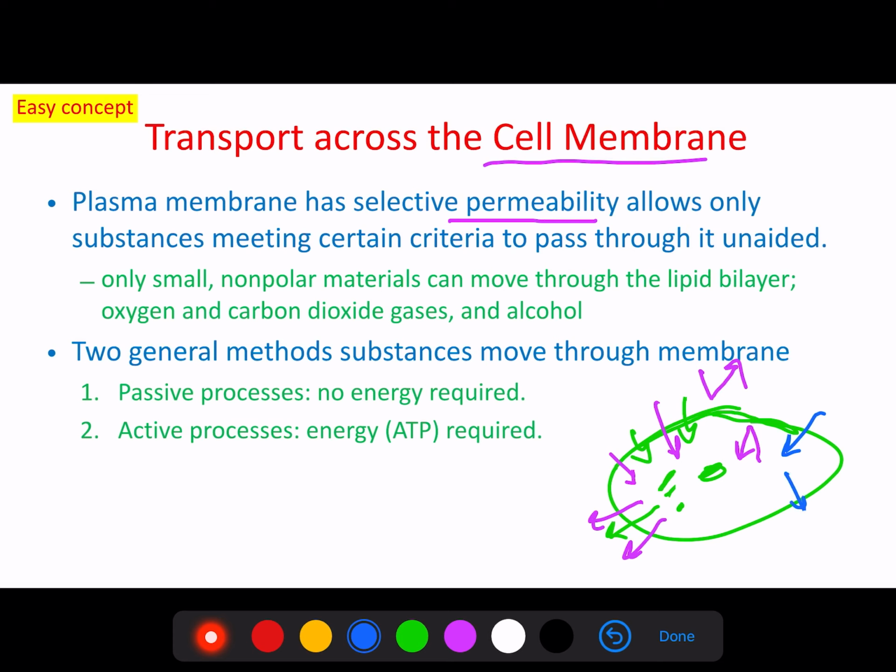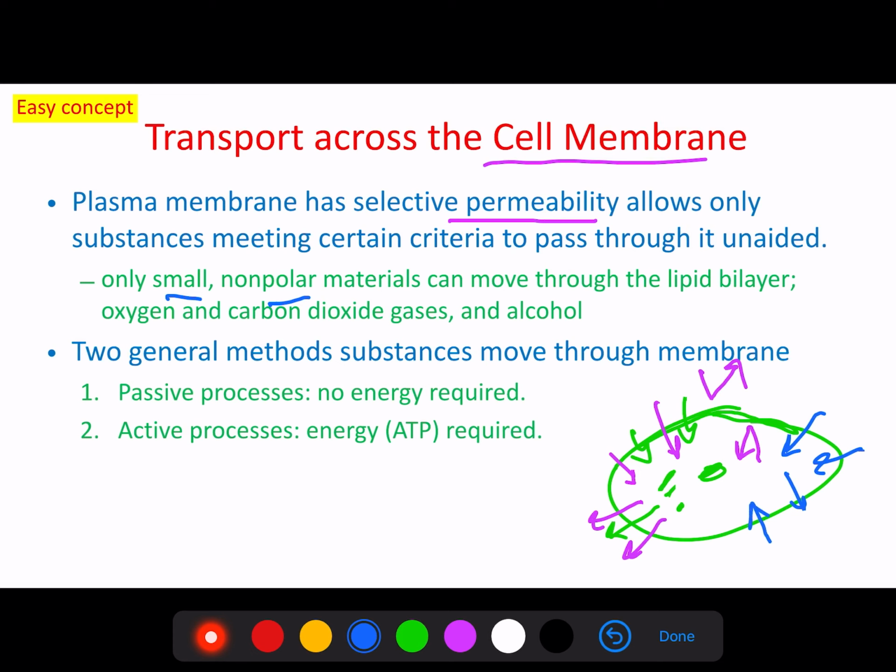Usually, the materials that can go through the lipid bilayer directly without any help are small nonpolar materials. But there are other materials that need to be transported, meaning that they need a kind of help, a kind of tool to move them either inside or outside. And therefore, sometimes these transport processes require energy.